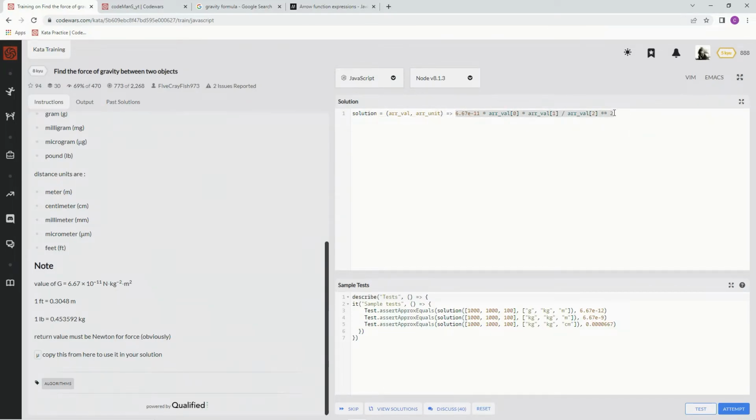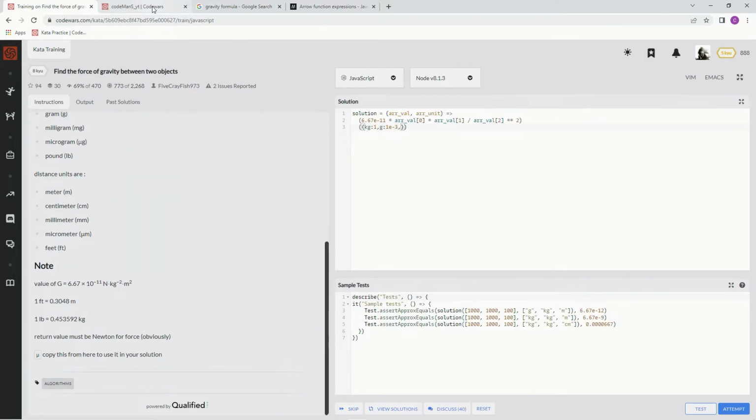For that, we're going to wrap this up in parentheses. Bring it down here, and then in another set of parentheses, we're going to have an object, and that object is going to be filled with stuff like kilogram, 1, gram, and that's going to be 1e to the negative 3, and so on and so forth.